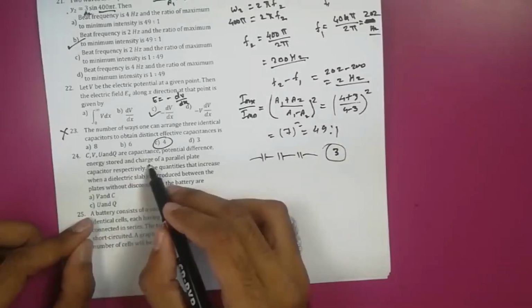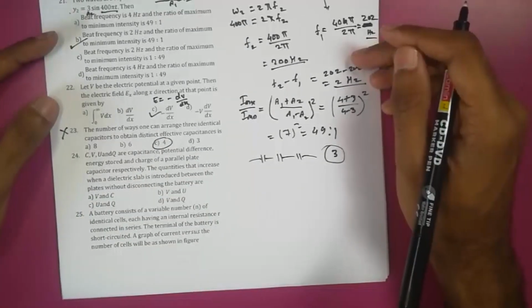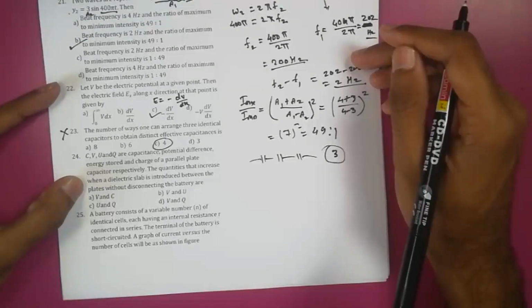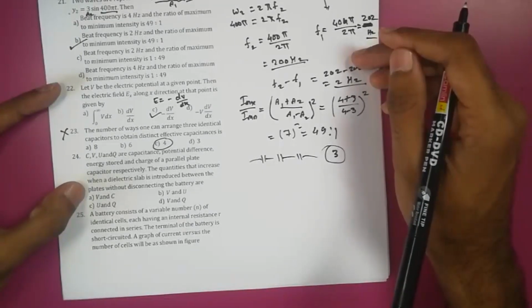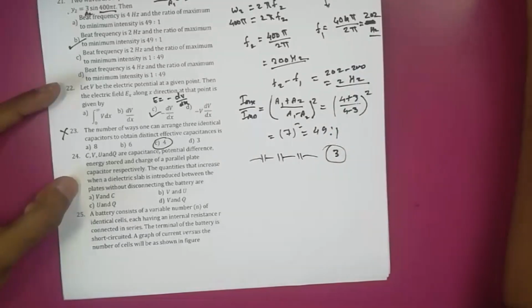Alright. Next is, C, V, U and Q are capacitance, potential difference, energy stored, and the charge of a parallel plate capacitor respectively. The quantities that increase when the dielectric slab is introduced between the plates without connecting the battery are. Okay, so in this case, which quantity will change?